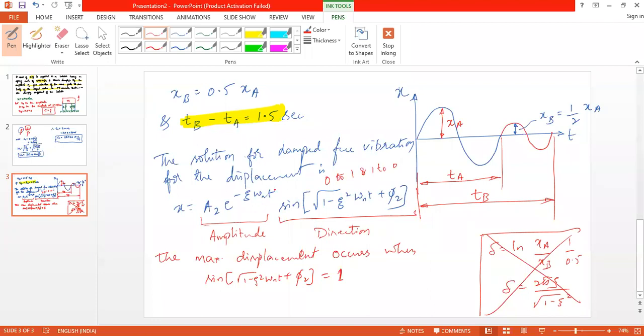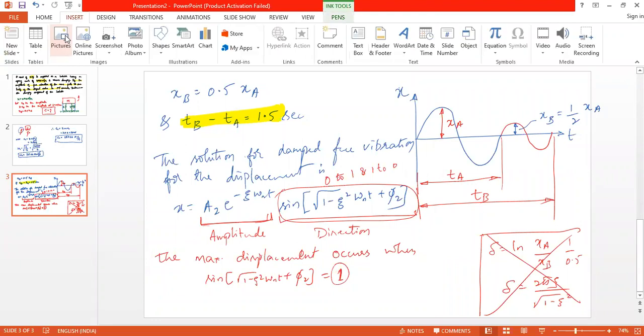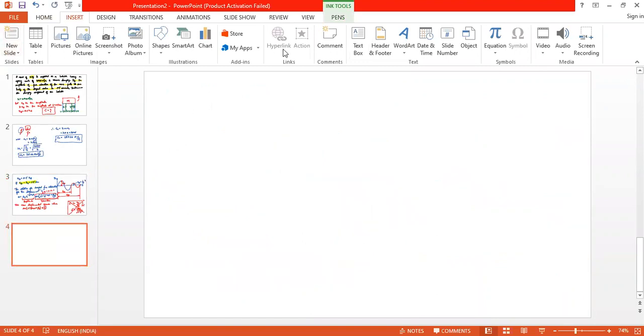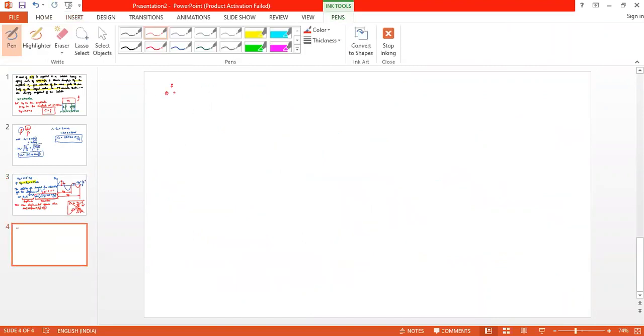So the amplitude of the displacement will be maximum when the value of the second term is equal to 1. That is the amplitude XA and XB or XC, whatever it is. Therefore, X is equal to X into e power minus zeta omega nt, the maximum displacement at each cycle.